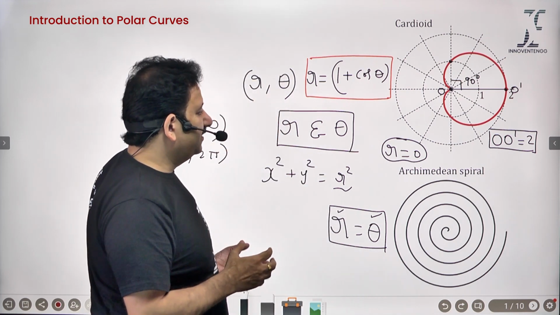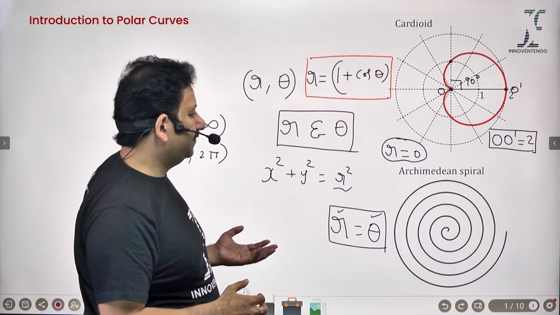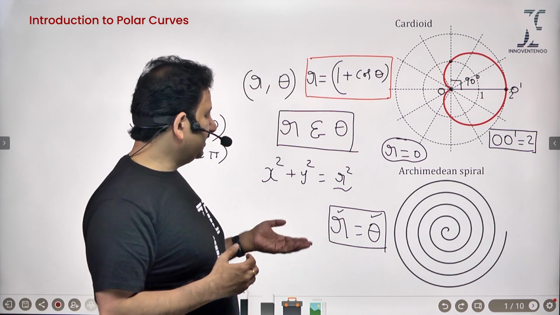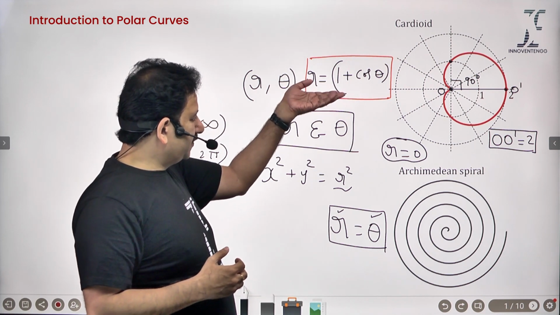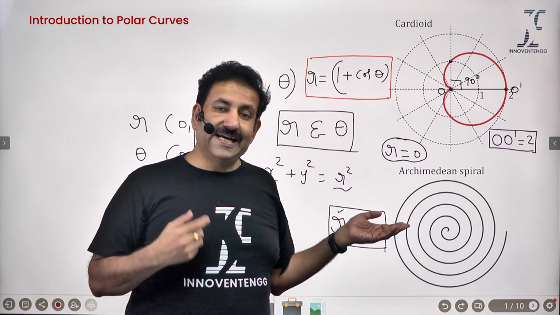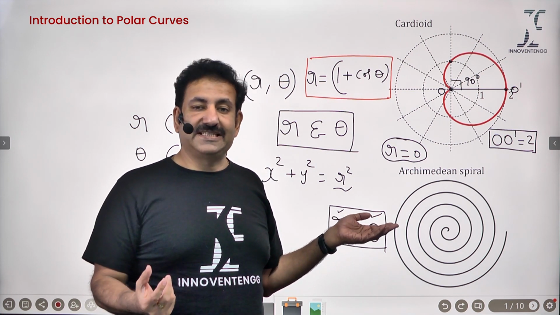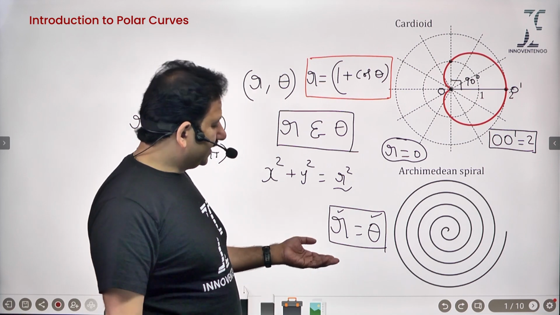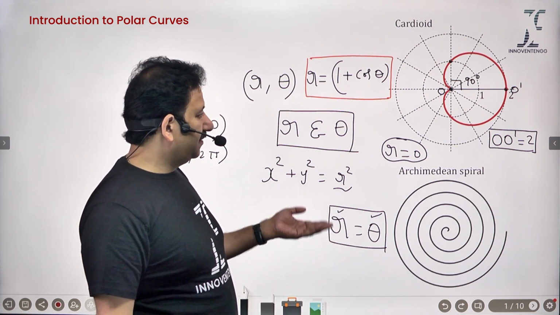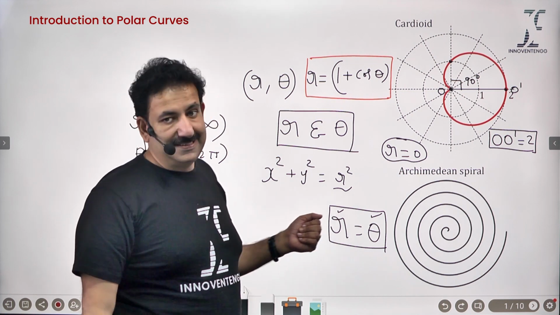So one of the advantages of the polar representation is the elegance and simplicity. In fact, you would appreciate that if I were to represent the same two curves in the Cartesian coordinate system, the expressions are going to look seriously complex. But here, the expressions look cool, they are very elegant, compact, and also the representation becomes very easy.